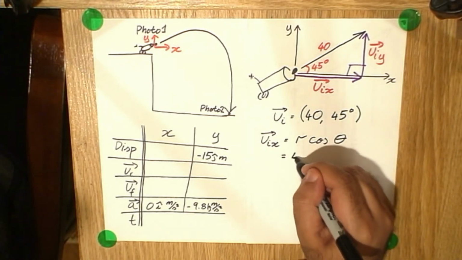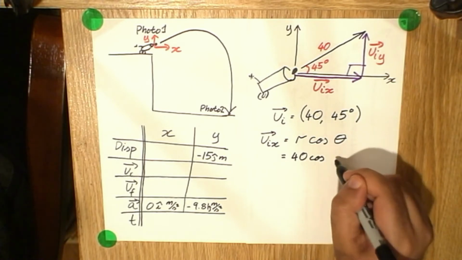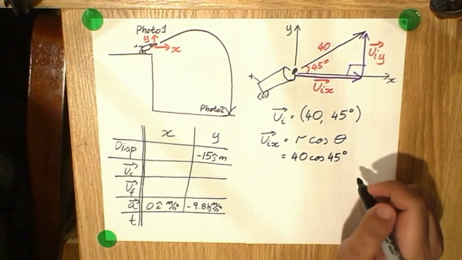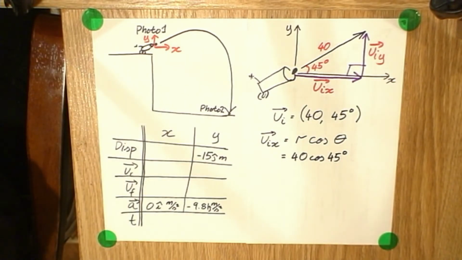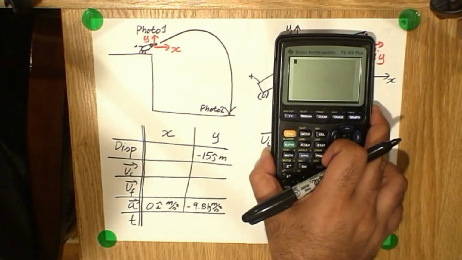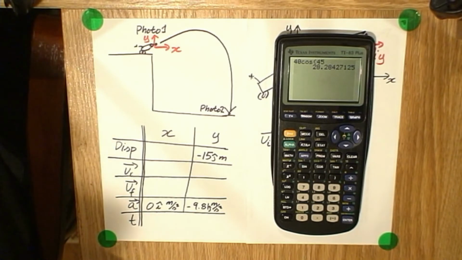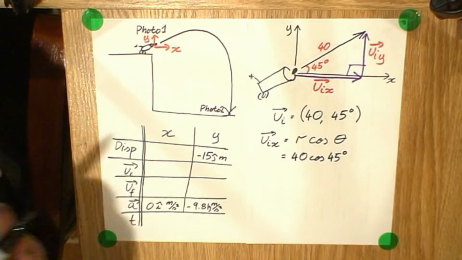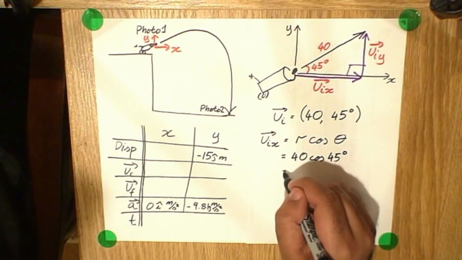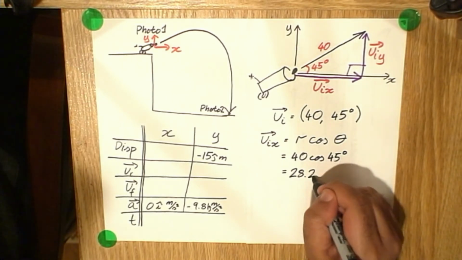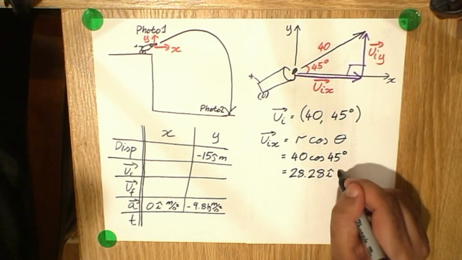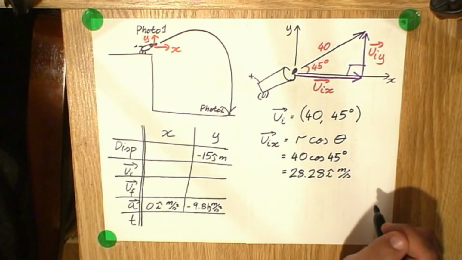In this case, that would be 40 times the cosine of 45 degrees, which is 28.28. So v initial in the x direction is 28.28 i hat meters per second.